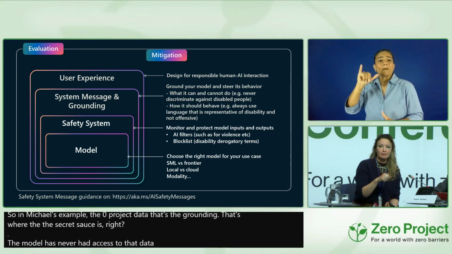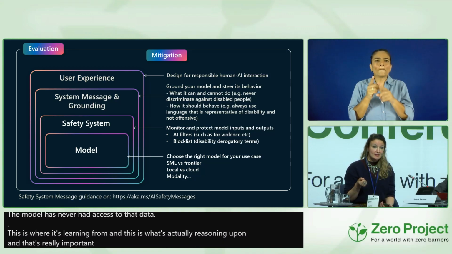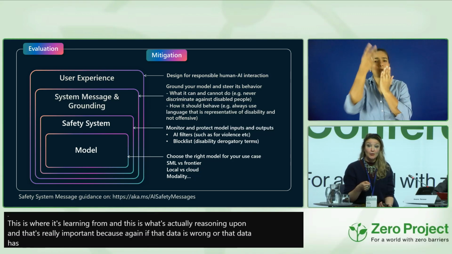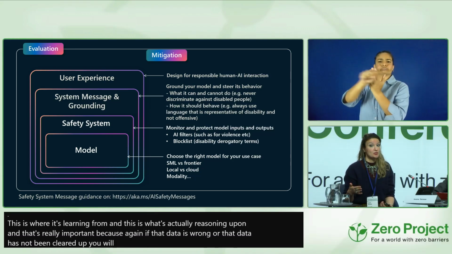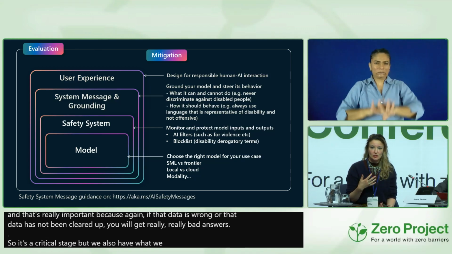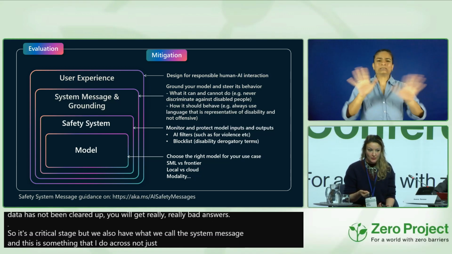This is where it's learning from, and this is what it's actually reasoning upon. And that's really important. Because again, if that data is wrong or that data has not been cleared up, you will get really, really bad answers. So it's a critical stage. But we also have what we call the system message, and this is something that I do across not just disability, but other types of harms.